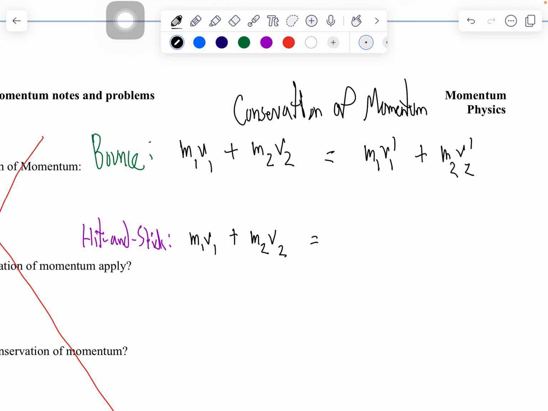But after they collide, they are hitting and sticking, hence the name. So the masses really combine into one mass. They're not traveling with different velocities anymore. They're essentially one object traveling together. This is like if you're on a skateboard, you catch a medicine ball, you go rolling back. You are one object, essentially, traveling together at some final velocity.